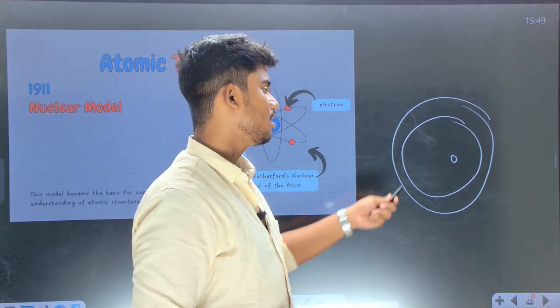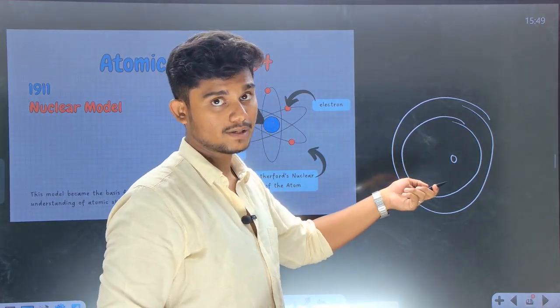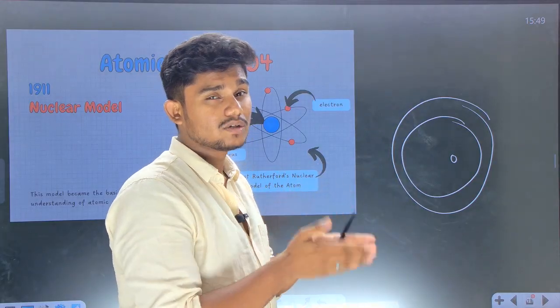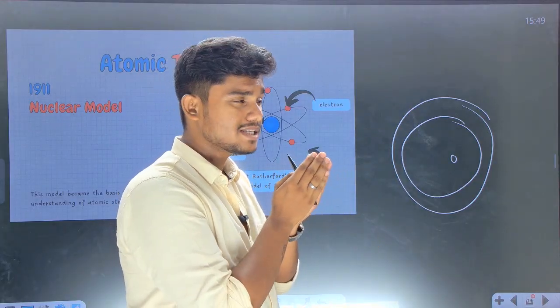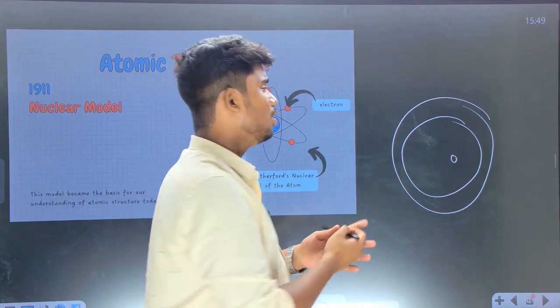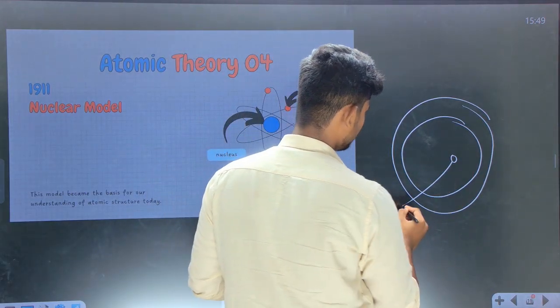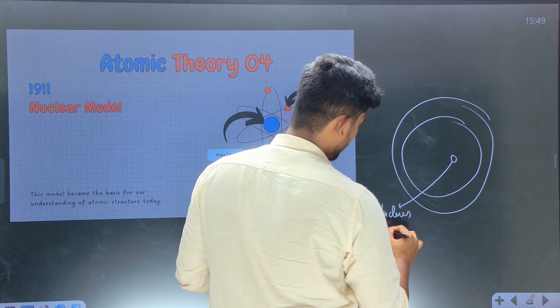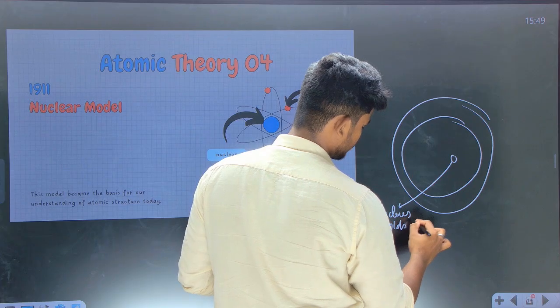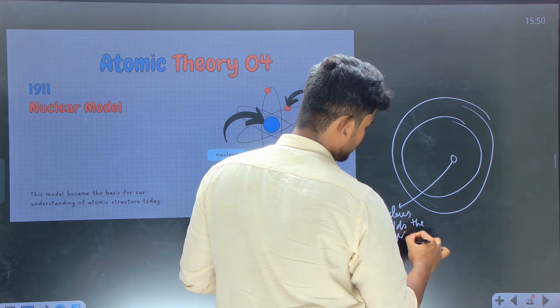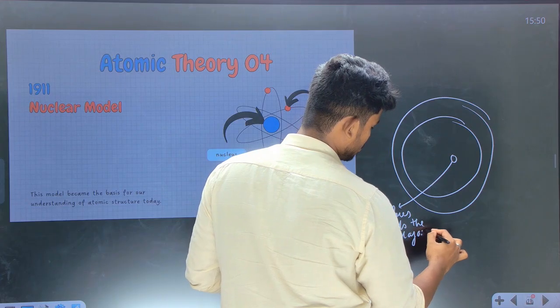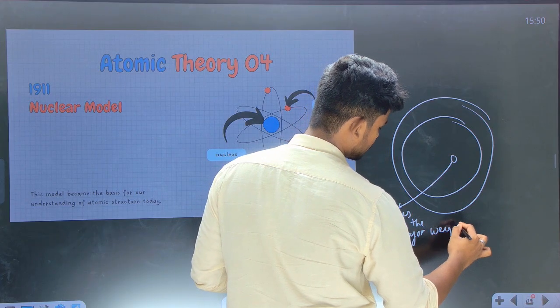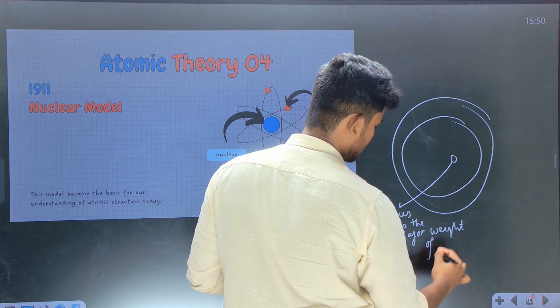He stated that electrons revolve around the nucleus, and the nucleus is very tiny, present at the center, and holds the major weight of the atom.